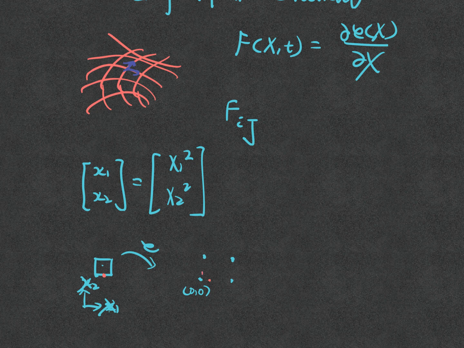Probably the same, right? Because I don't have anything that depends on X1. So if you look at it, I will still get this. So it looks like the boundary hasn't changed, right? But what happened inside? Now, if you have a grid that looks like this, what will be the new grid?